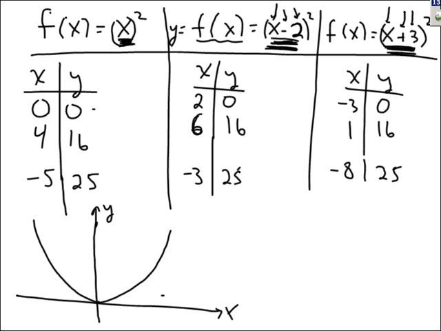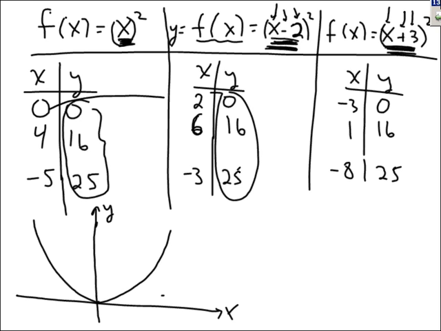Well, you know what? We got the same y values. How interesting. Oh, the x values are different. Oh, 2 more. 6 is 2 more than 4. Negative 3 is 2 more. To get the same y value, the x's should be 2 more.